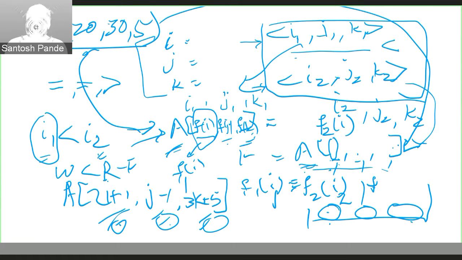So K2 would have occurred before K1 in the innermost execution, and because of that, it will be an anti-dependence.